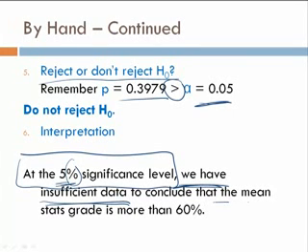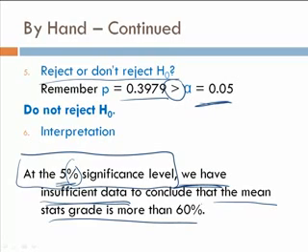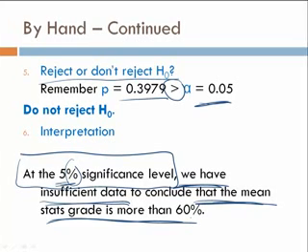And we want to tell what we're concluding or what we're not concluding. And that's usually a statement of the alternative hypothesis, because we would only conclude that the alternative hypothesis was true. So this last part of the interpretation is almost always a rephrasing of the alternative hypothesis, and here it is: the mean stats grade is more than 60%, which is what our alternative hypothesis essentially is.